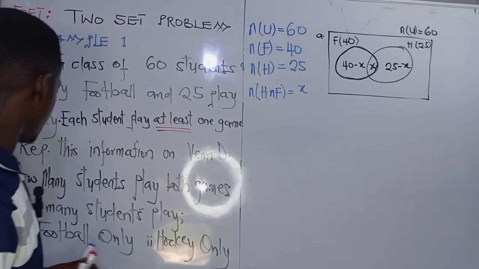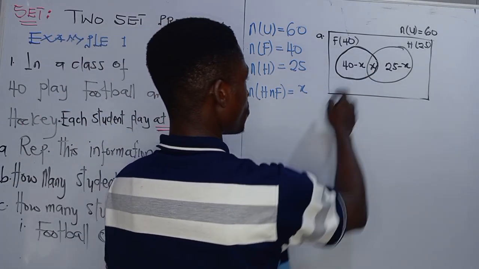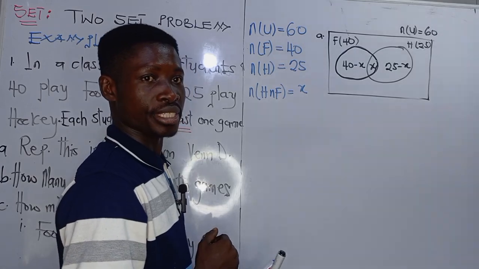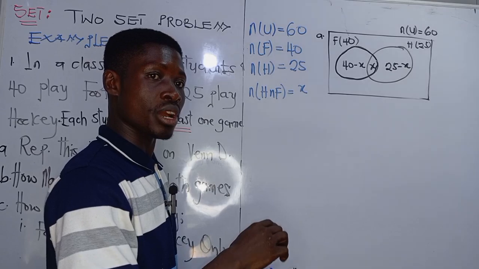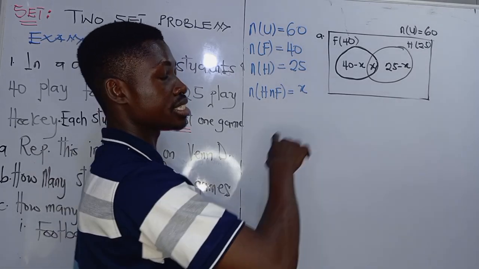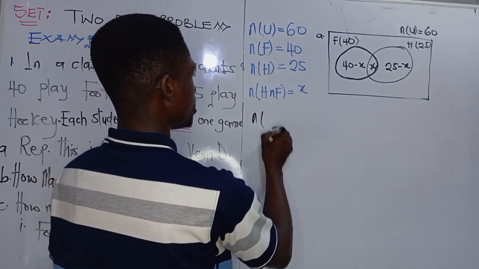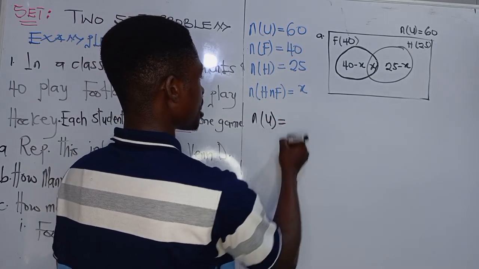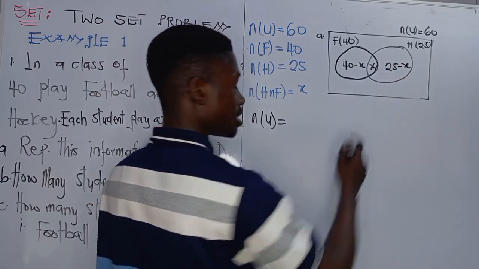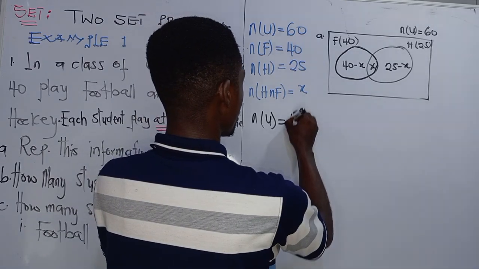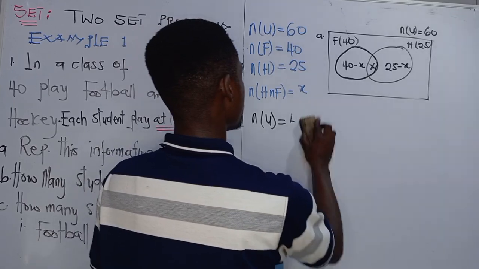Now, question B says, how many students play both games? We are looking for this particular region. And in our previous lesson, we were able to establish the formula or the equations or relationship between the regions. So we said that the universal set is equal to this region plus this region plus this region, right? So that's what we say. Let me write the formula down.